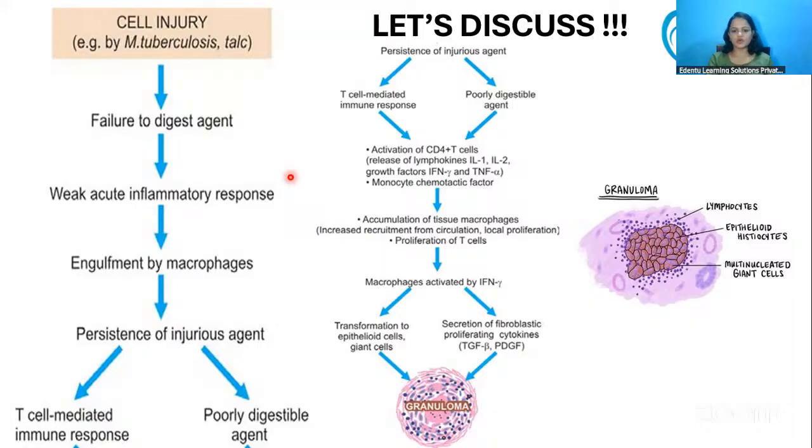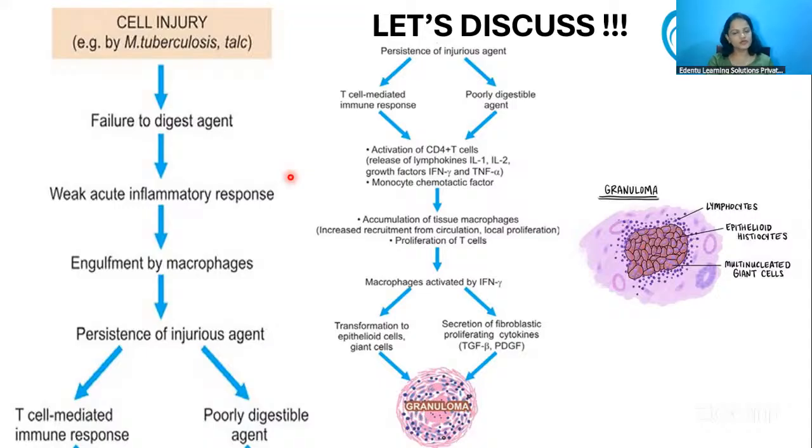What is mainly happening in the granuloma is that our defense cells cannot completely eliminate the stimulus, so they try to contain that stimulus in a particular area without allowing it to spread further. That is mainly the pathogenesis behind this granuloma.